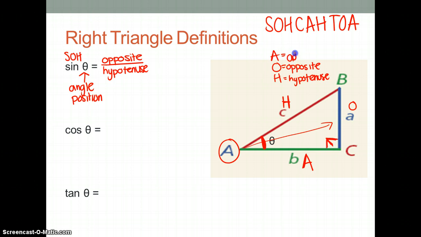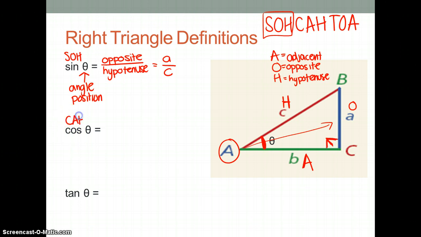A means adjacent. So when we write the sine of theta, sine of this angle, we want to use the values that are on the opposite side, so A in this case, and the hypotenuse. A divided by C is the sine of that angle. So if we use SOHCAHTOA, the SOH tells you what sine uses as its ratio.